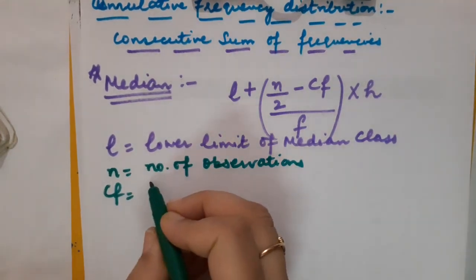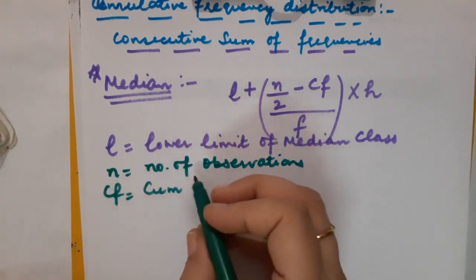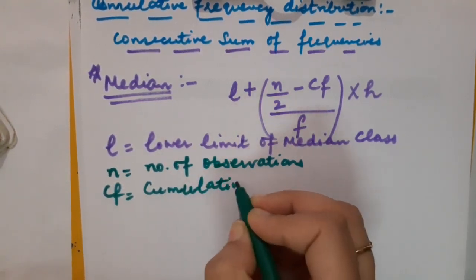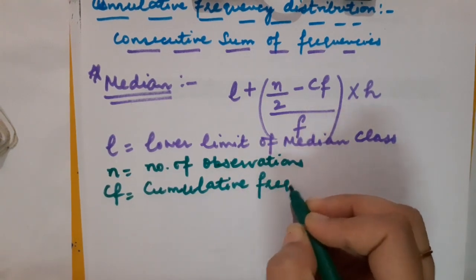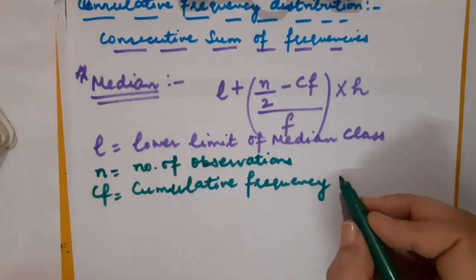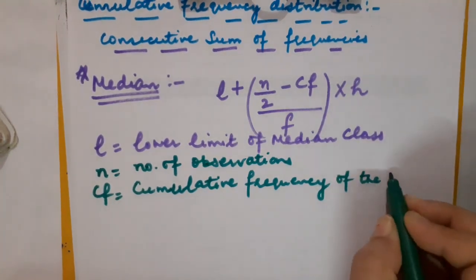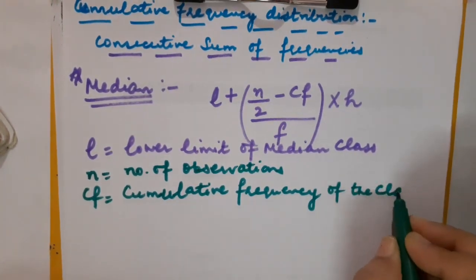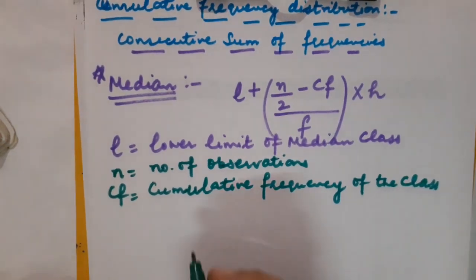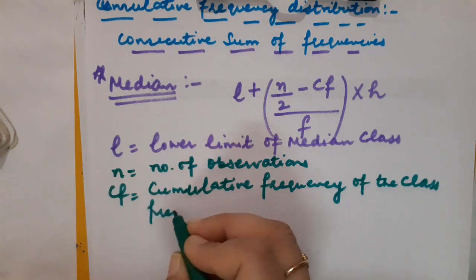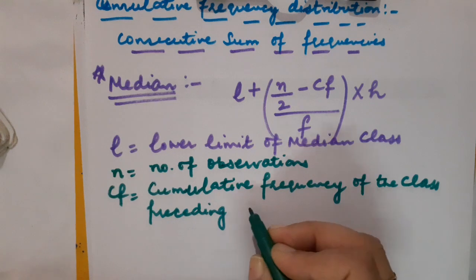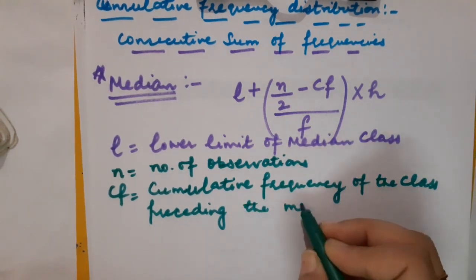CF means cumulative frequency, as it is clear from the name itself. But which frequency are we supposed to take? The cumulative frequency of the class which is preceding the median class, which means coming before the median class.